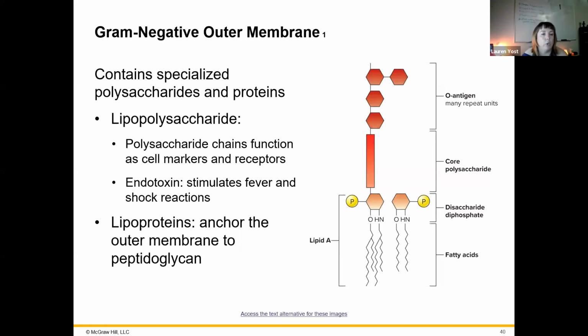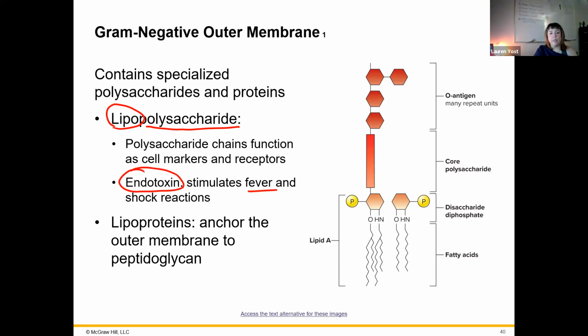Okay, the gram-negative outer membrane. Only the gram-negatives are going to have the outer membrane. This is incredibly important, because on that outer membrane, they have something called a lipopolysaccharide. Lipo being a fatty acid associated thing, like a lipid, and polysaccharide is sugars, right? This is dealing with endotoxin.